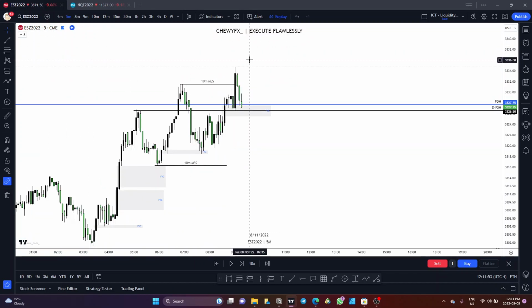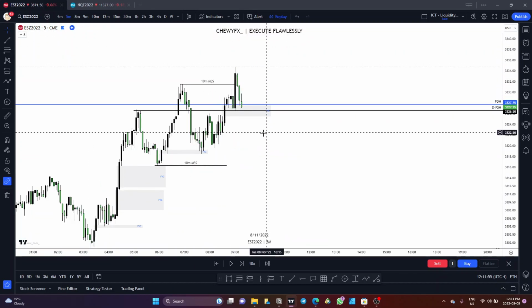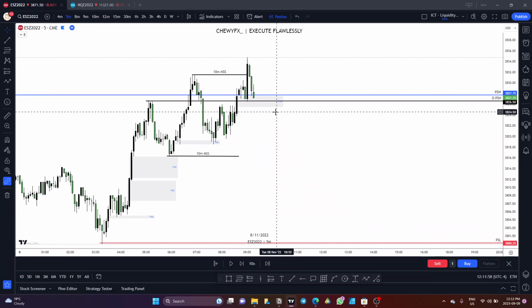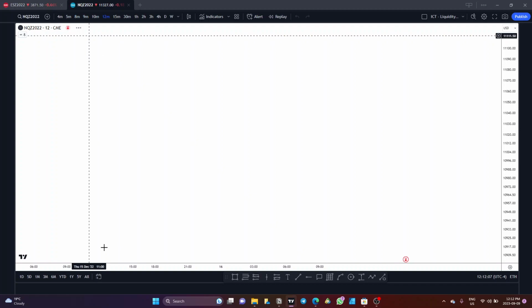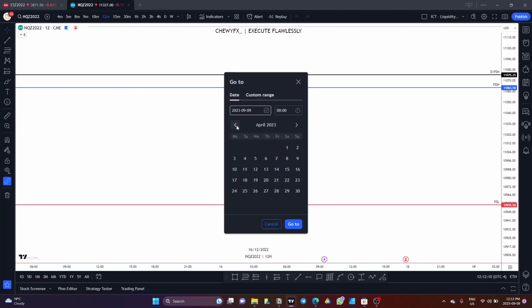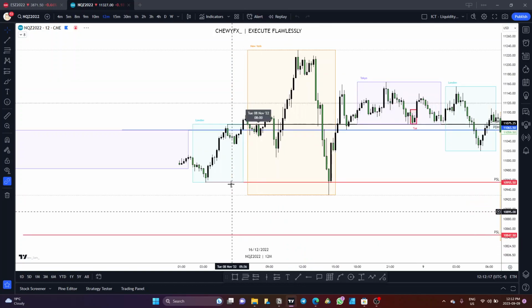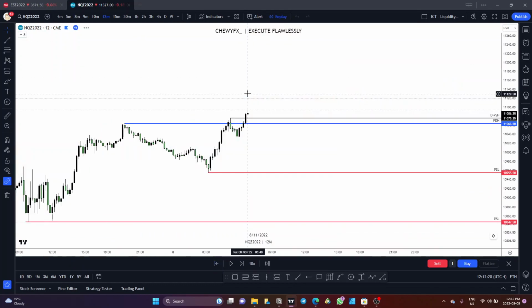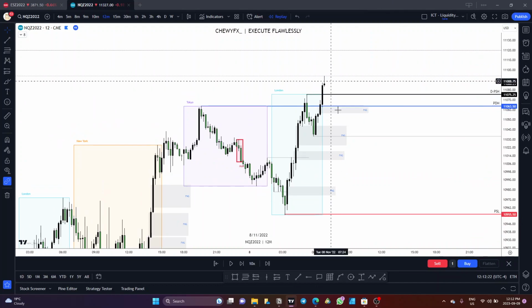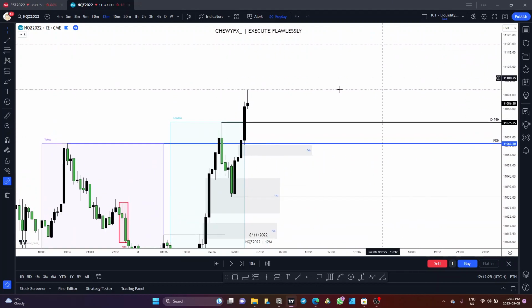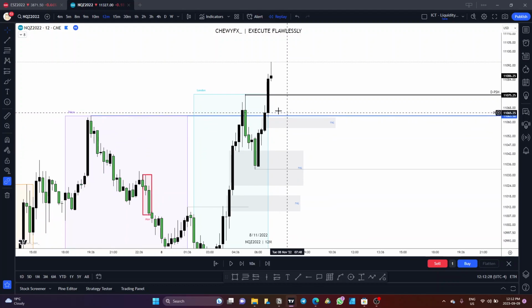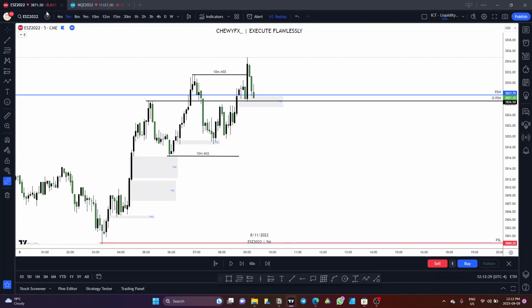So let's go on the 5-minute. Oh, it actually was a strong break. Honestly, the problem that I have with that ES trade is just that it doesn't really align too well with what I'm looking for here on NASDAQ.